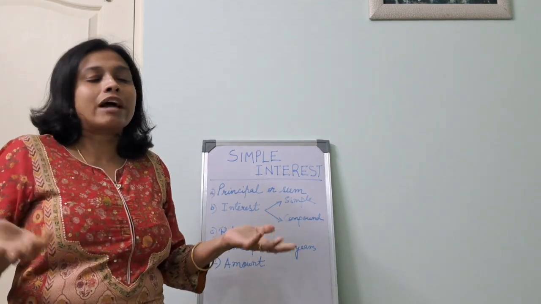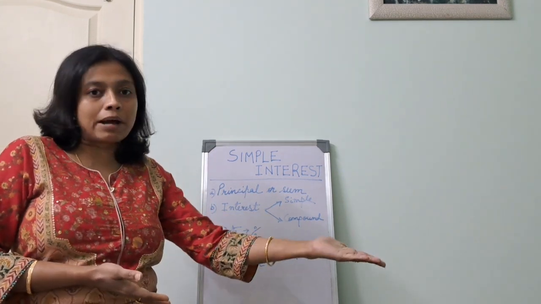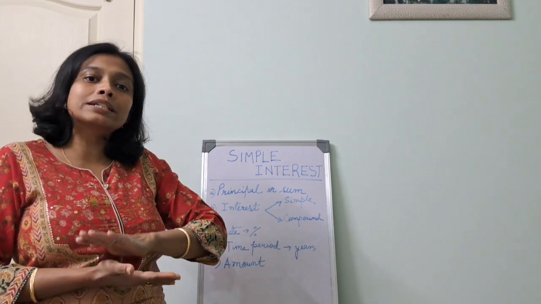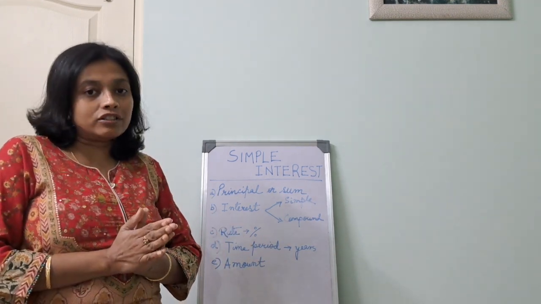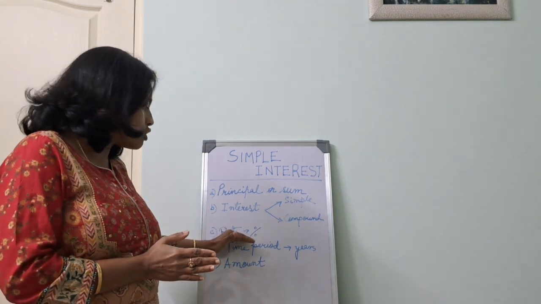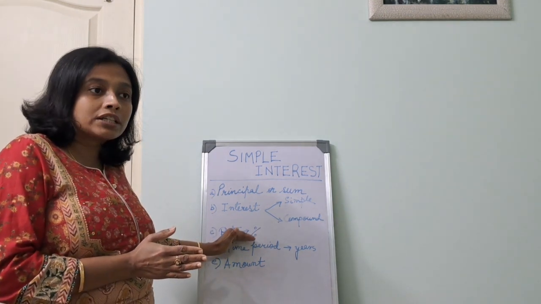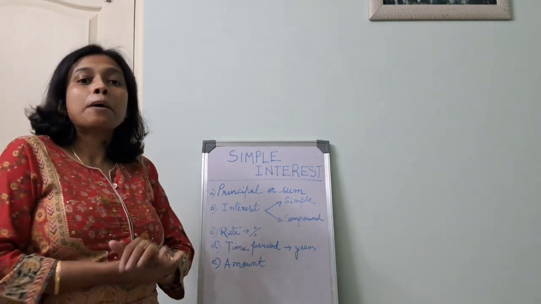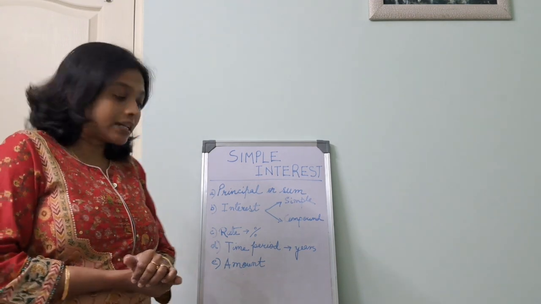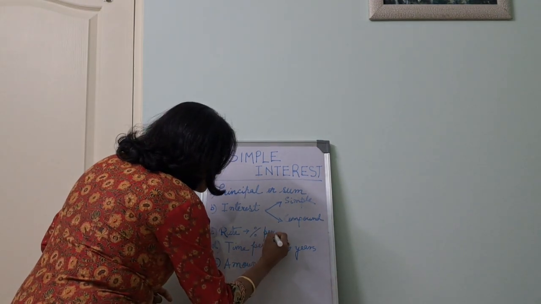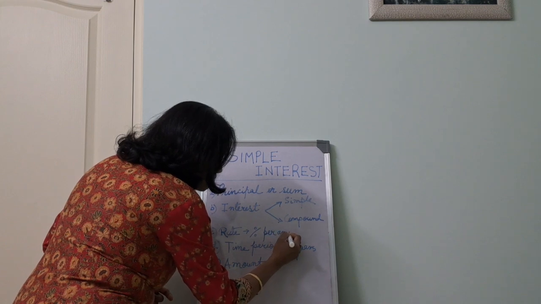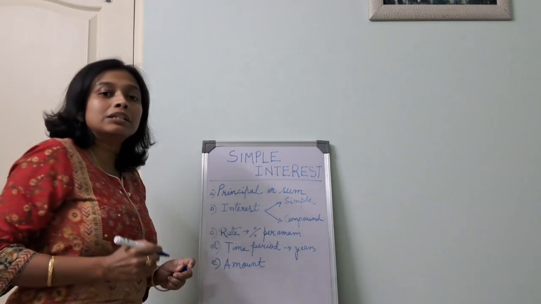The bank will not give any random money to me just because I am giving the bank 1 lakh rupees. That calculation depends on the rate of interest, which is expressed in terms of percentage, and it is called percentage per annum. Annum means year.